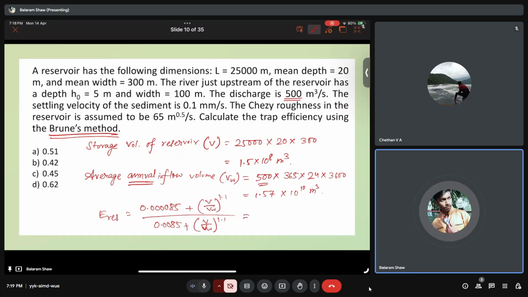Right, just put the value and tell me how much you are getting. I'm getting somewhere near 0.42. Okay, so the correct answer is B, that is 0.42. Okay, this was simple. Any questions here?